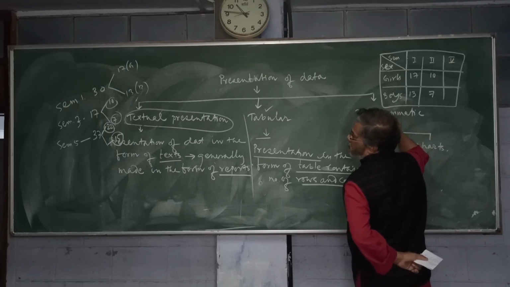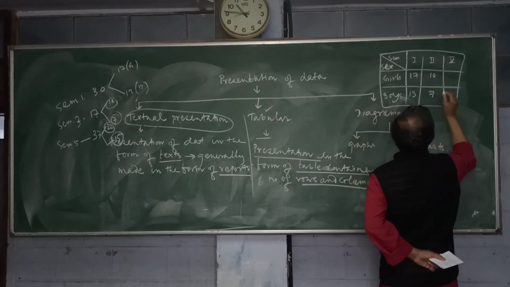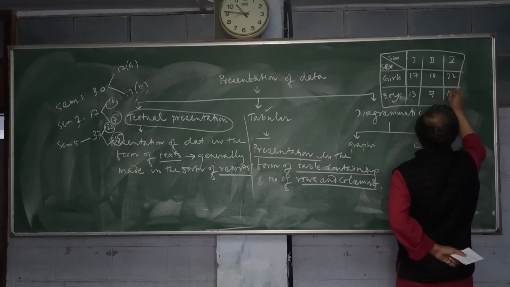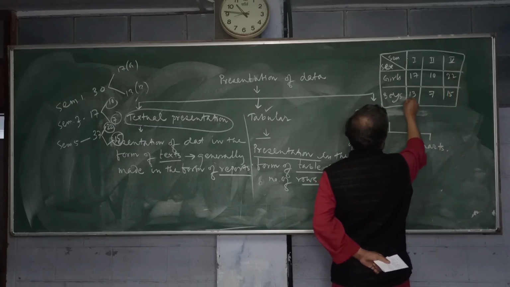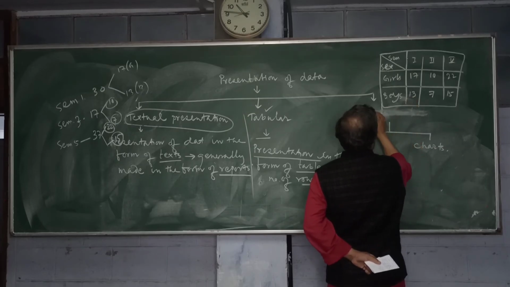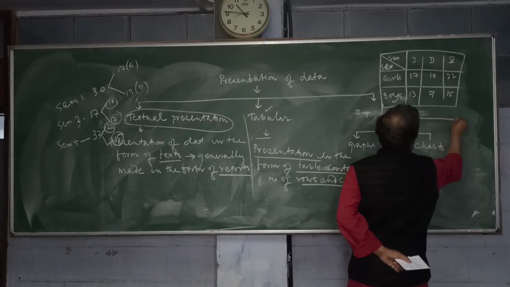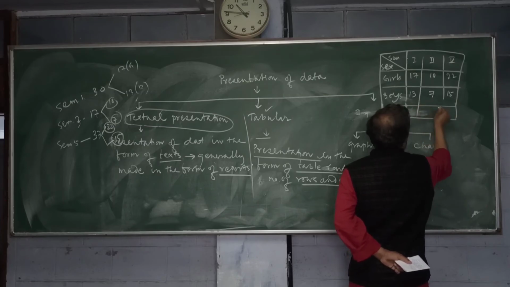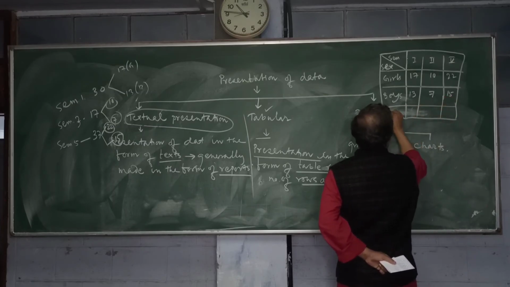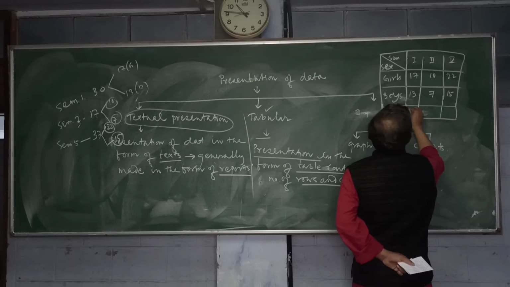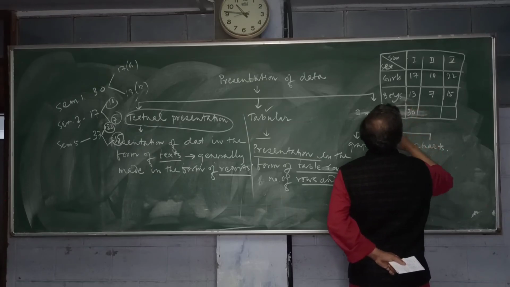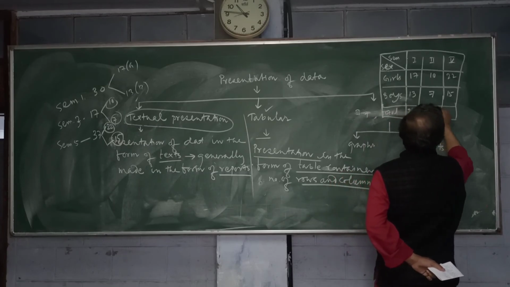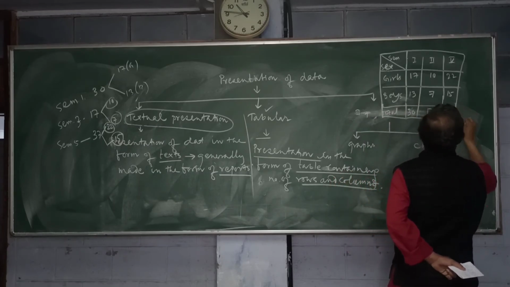Semester 5, 22 and 15. And total, this is 37, 13, 30, 17, 37.